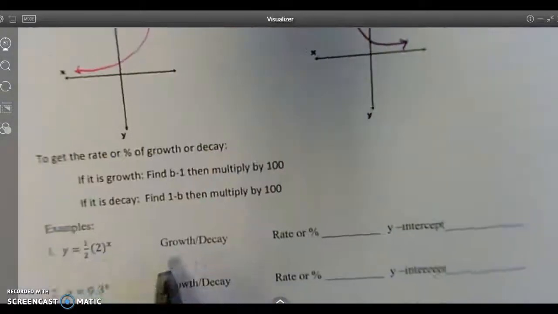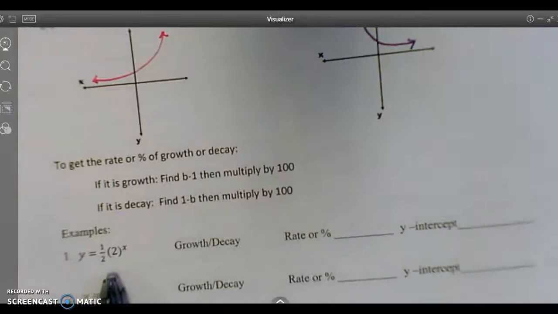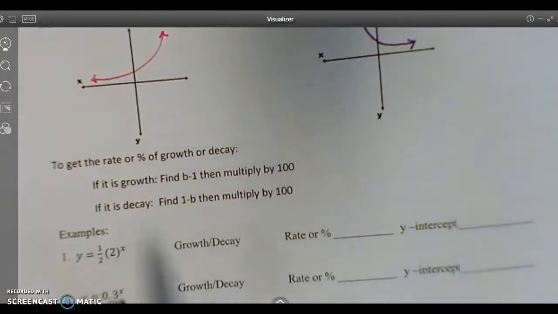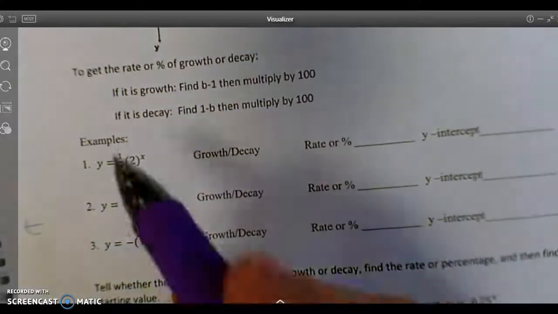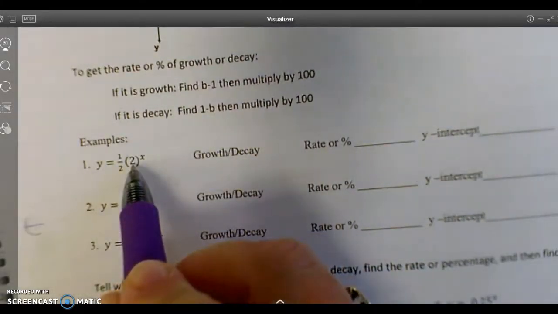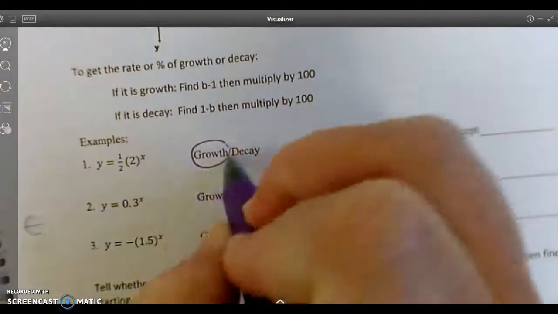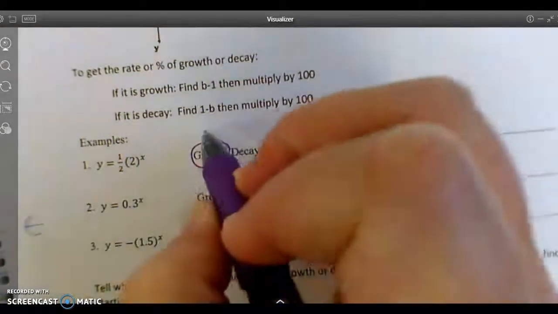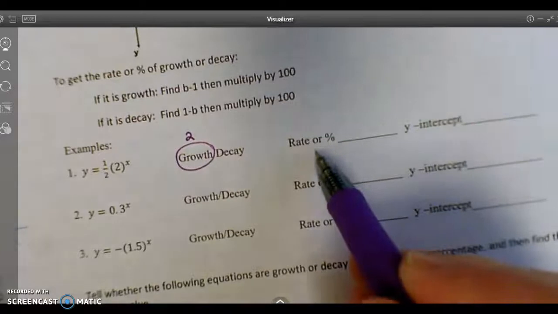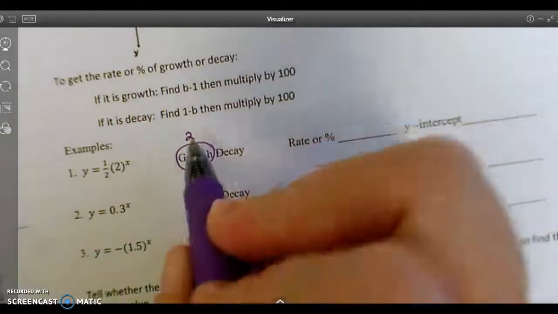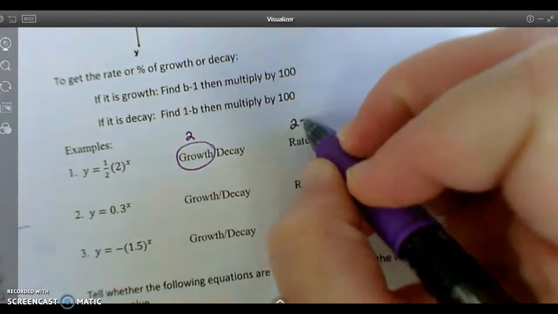So let's look at this one right here. So first of all, 1/2 times 2 to the x. First question is it a growth or is it a decay? So I look at the number in the parentheses. That number's bigger than 1. So it's growth, because I'm looking at the 2. Alright, the rate or the percentage, this is where I'm going to take that 2 and I'm going to subtract 1.